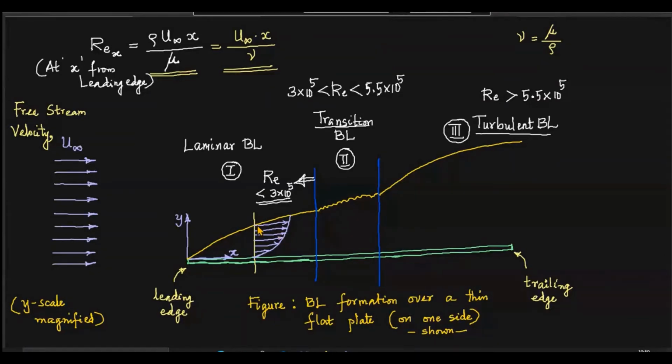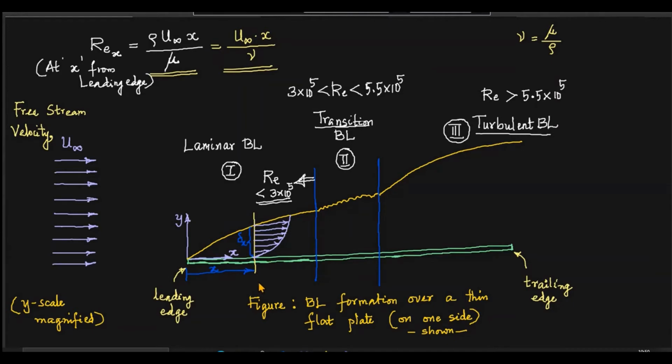Inside, see this distance, this is the boundary layer thickness delta. If you take a section at a distance x, then this will be delta x.